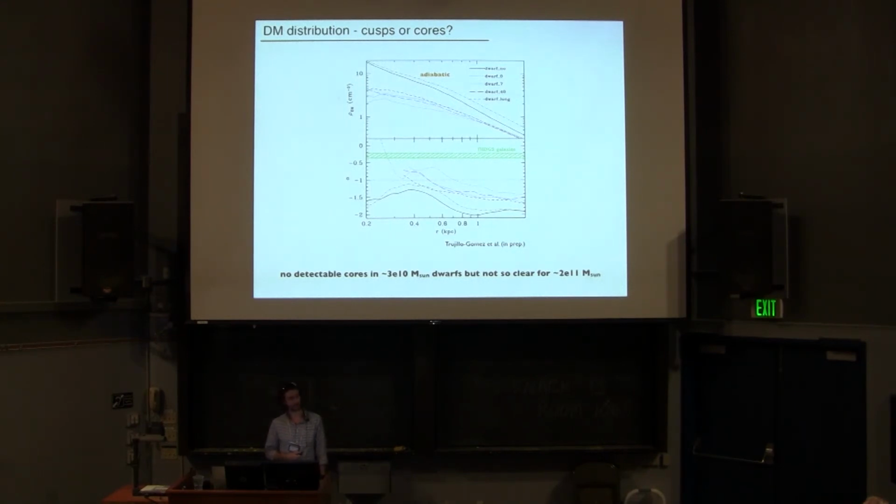I agree, I agree. And I would also like to stress that it depends on how you define where you're converging. So you guys don't like to go that deep in the profile because you think maybe there you're dominated by resolution effects.